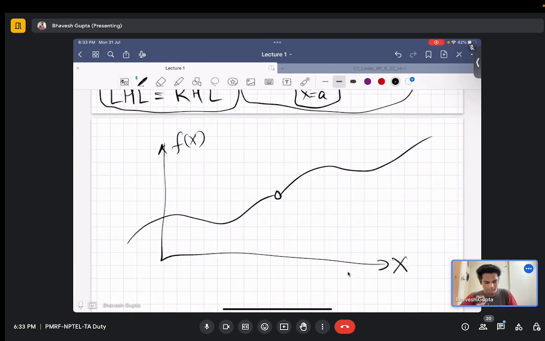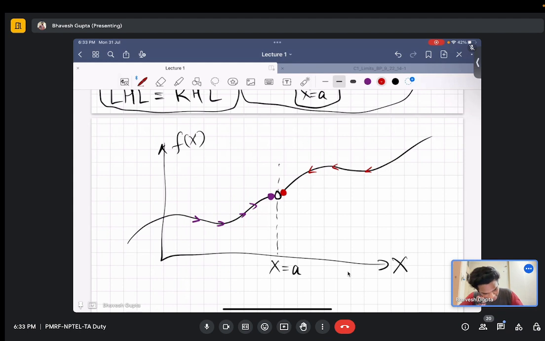I just want to understand what happened at x equal to a. So what I do, I calculate the behavior exactly just left of the point a, and I calculate the behavior just right of that point.